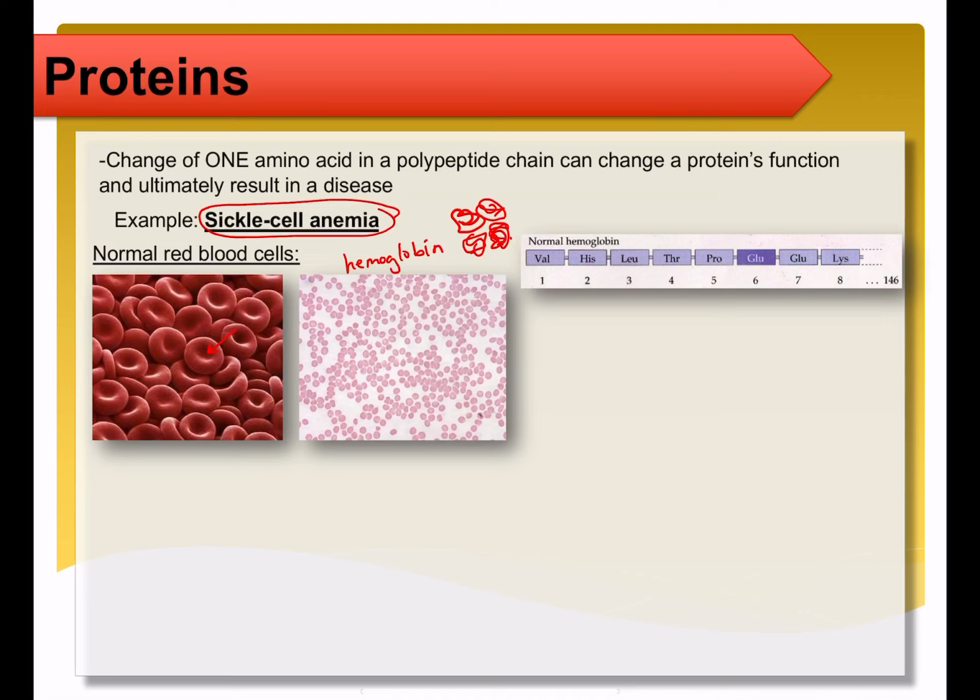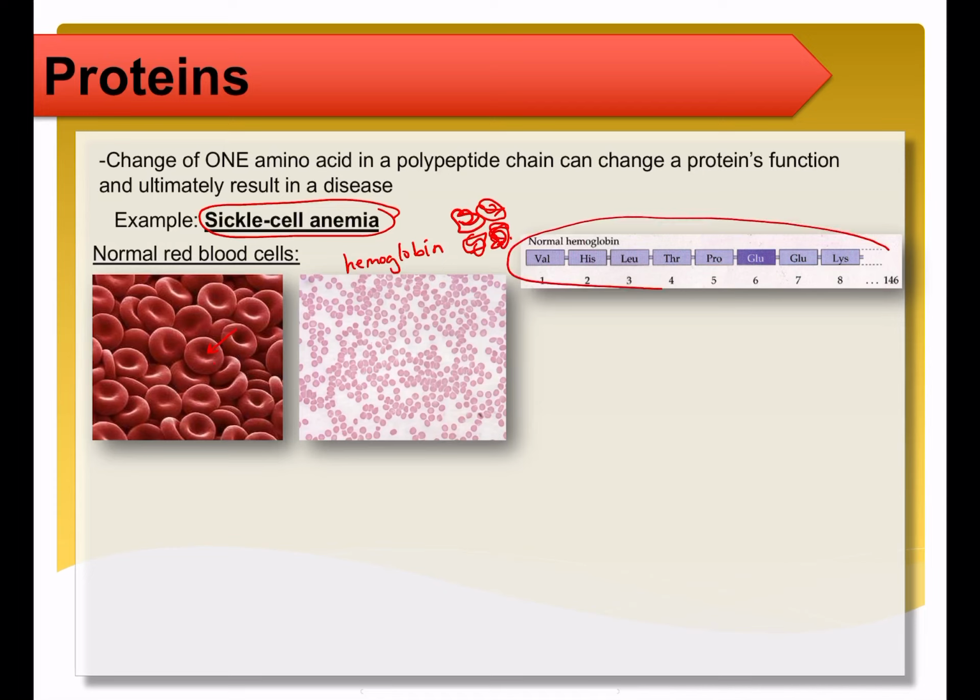And this particular protein is supposed to have a three-dimensional shape that allows it to bind to oxygen efficiently, so that we can transport oxygen all over our body and distribute it to every organ system. So here is a part of the protein hemoglobin, the normal amino acid sequence.